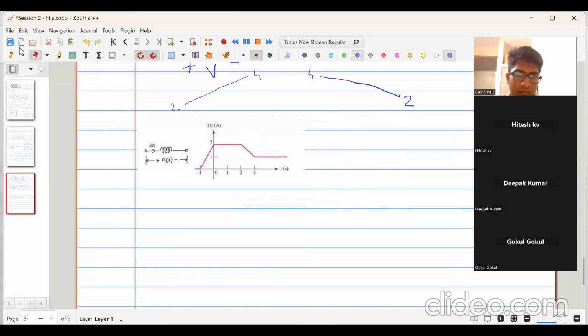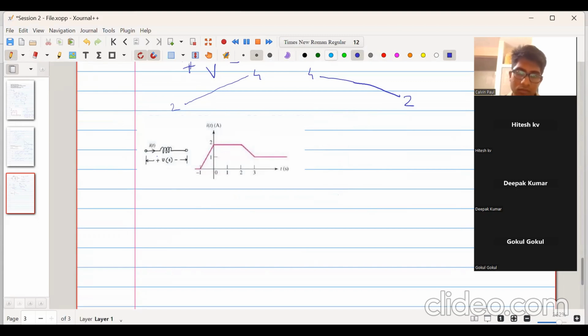As you see over here, they have specified the direction of inductor current, i of t, in this direction. That should have been specified in the question.